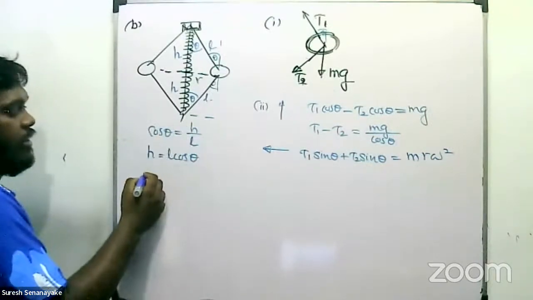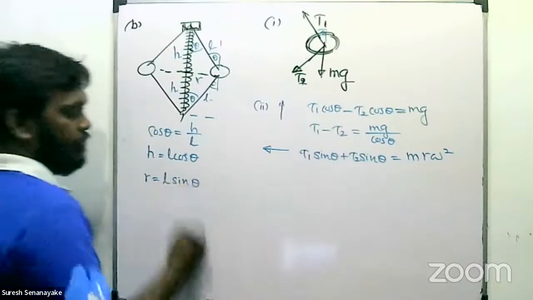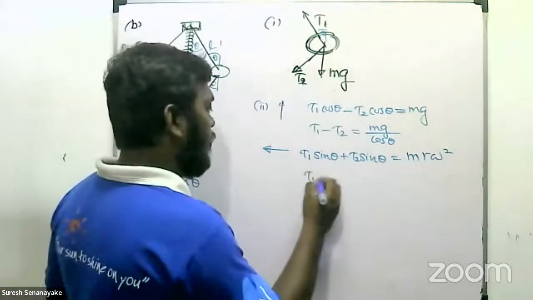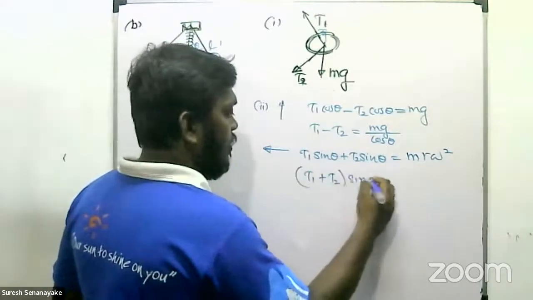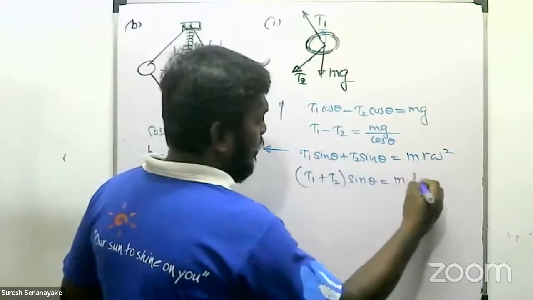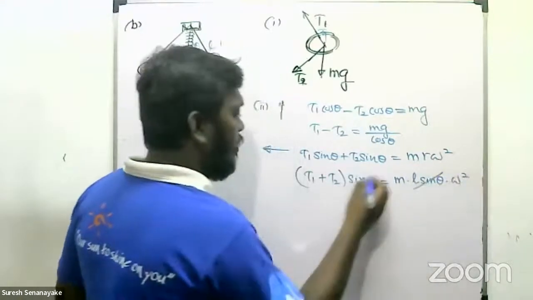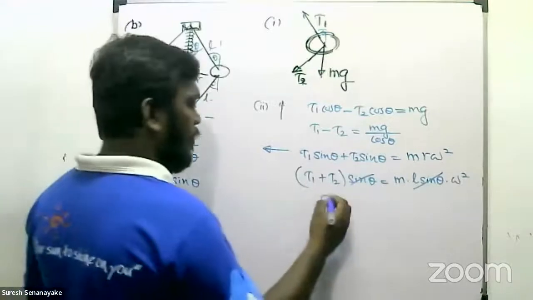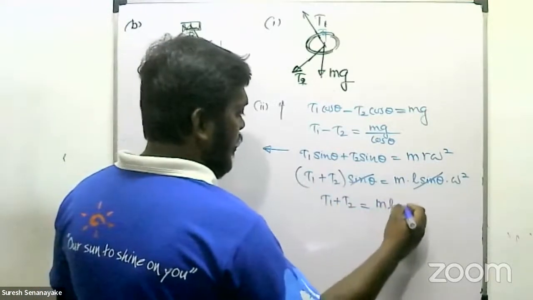Simply r, you can also write that r equals L sin theta. Then T1 plus T2 sin theta equals m r, we can write as L sin theta omega square. The sin theta cancels. T1 plus T2 equals m L omega square.